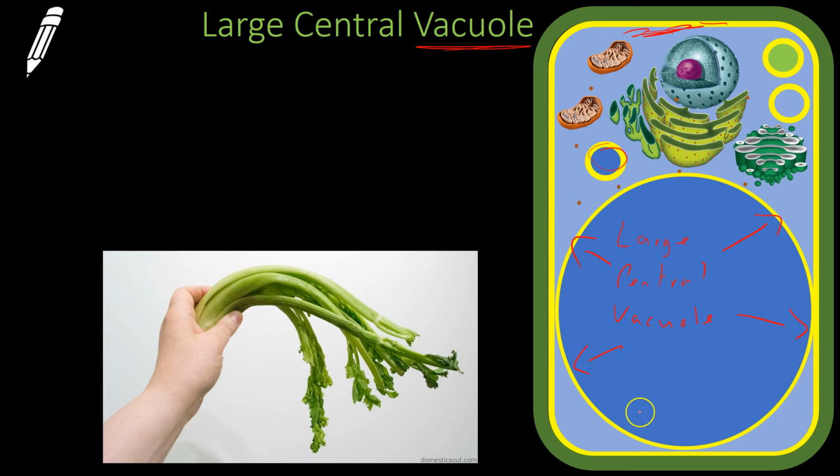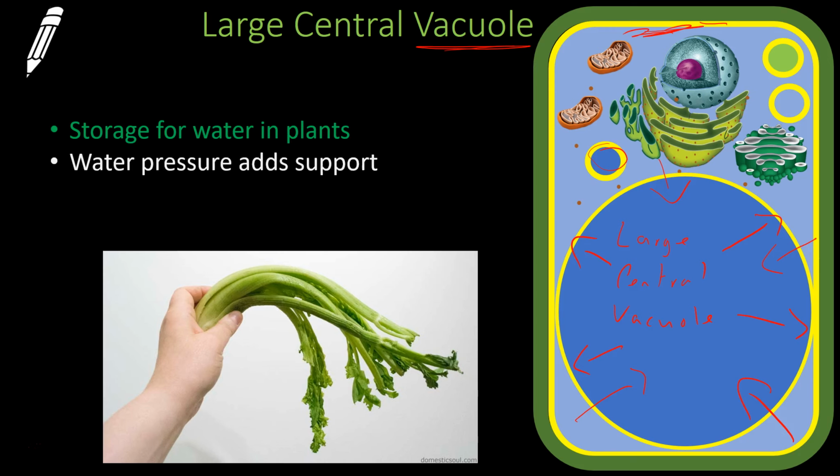Okay? Now, what happens if that plant isn't getting enough water and it starts losing water in the central vacuole? Well, then it starts to deflate. It's depleted of water. And it doesn't have that added pressure on the sides to give it its structure. Okay? So the large central vacuole is storage for water in plants, and that pressure adds to support it.